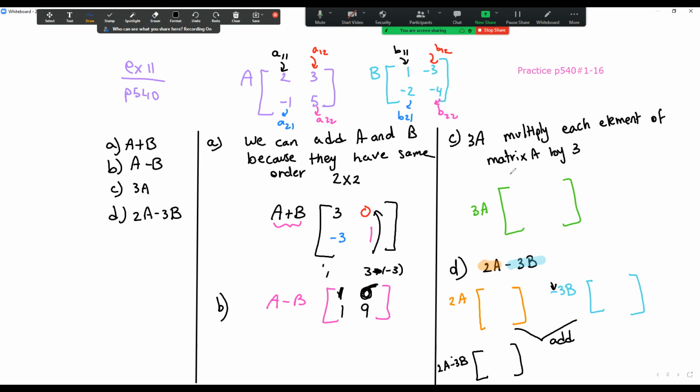3A, you simply multiply each element of A by 3. So that will be 6, 9, negative 3, 15. 2A minus 3B, you're going to multiply the elements of A by 2 and then the elements of B by negative 3, and then add up those two matrices.